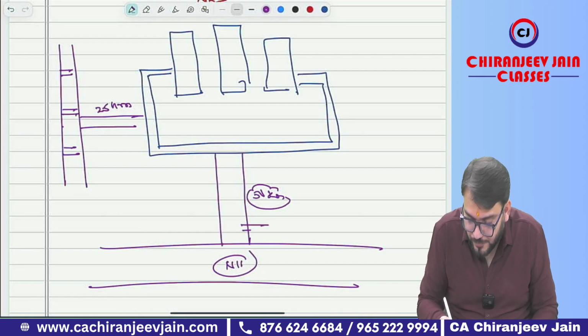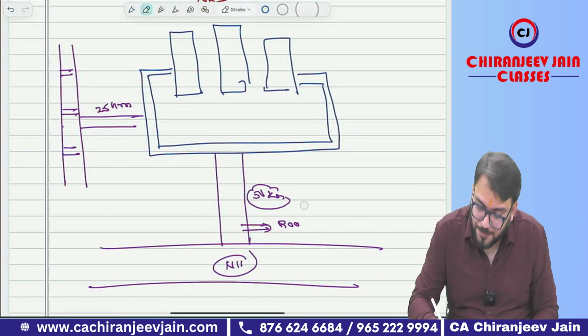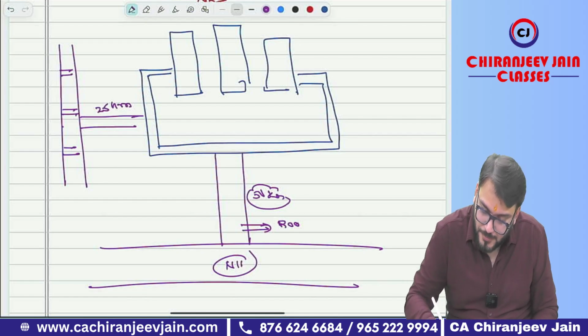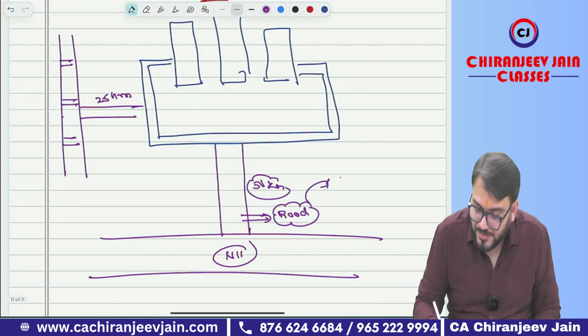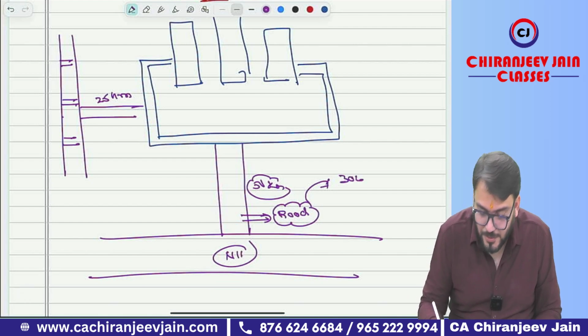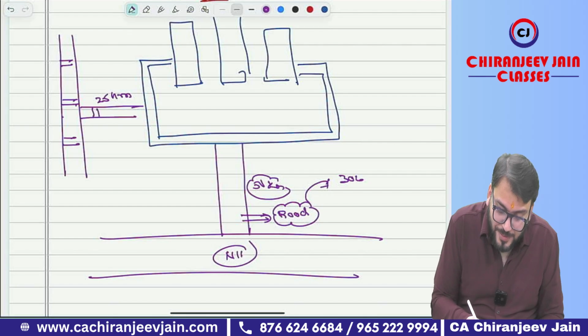Quite possible. It means they want one road to connect the factory with the national highway, and therefore they have constructed a road outside their premises, and the expenditure incurred is, suppose, let's say 30 lakh. And they have also constructed one railway siding.